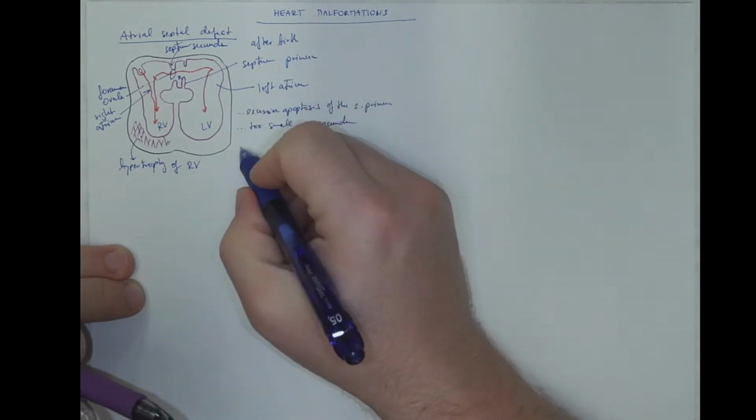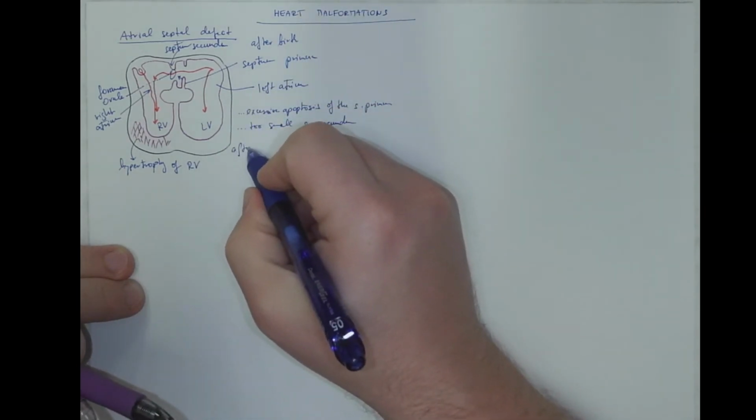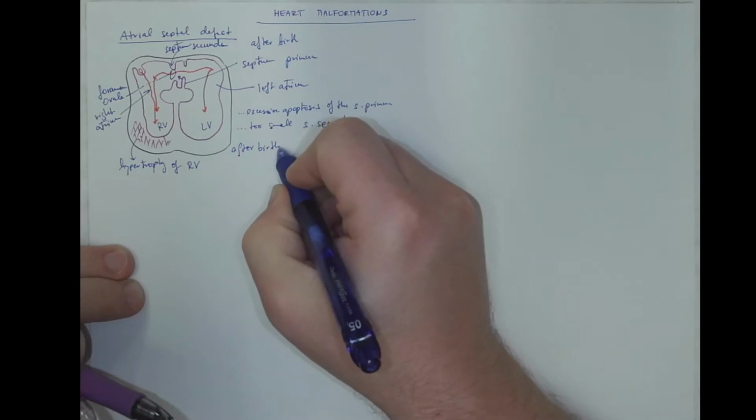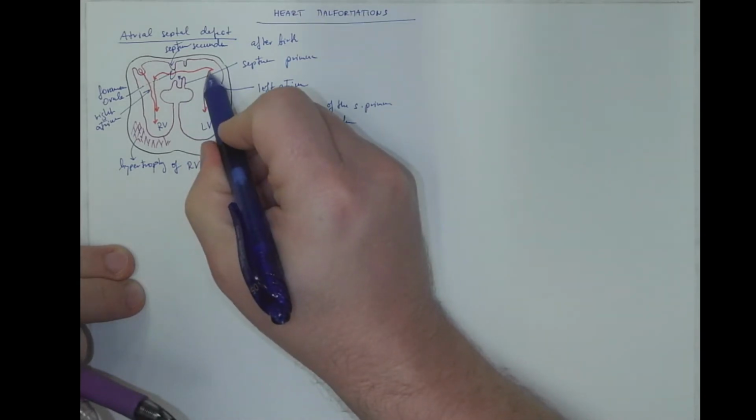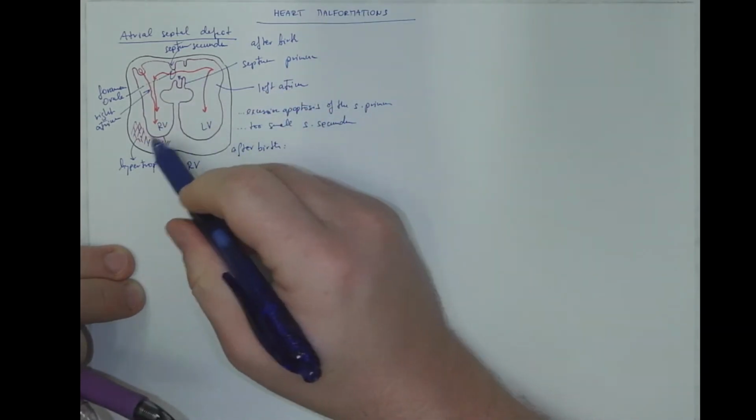So after birth, we can see a left to right shunt on the level of atria.